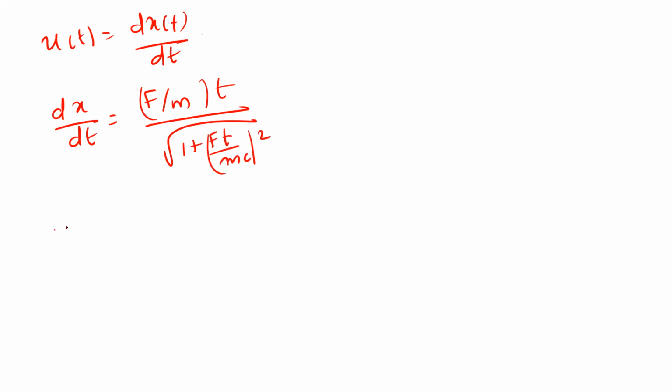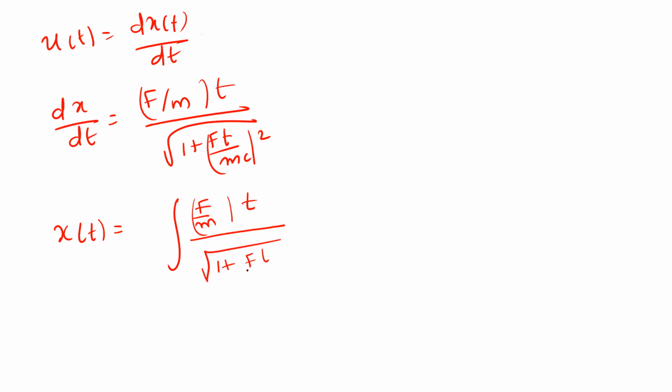Now you have to integrate to find x. x of t is equal to the integral of F by m times t divided by the square root of 1 plus Ft by mc, whole square, dt. Now there are different ways to integrate this.